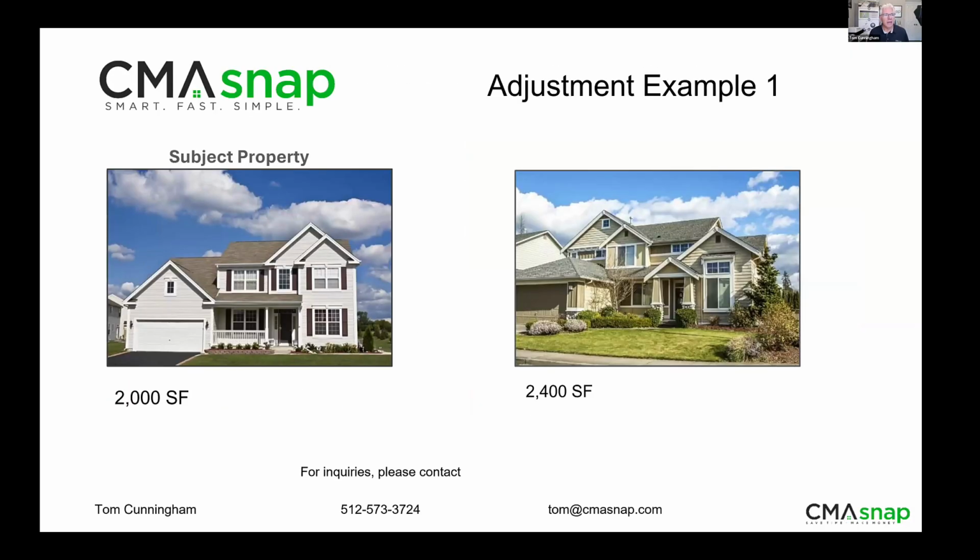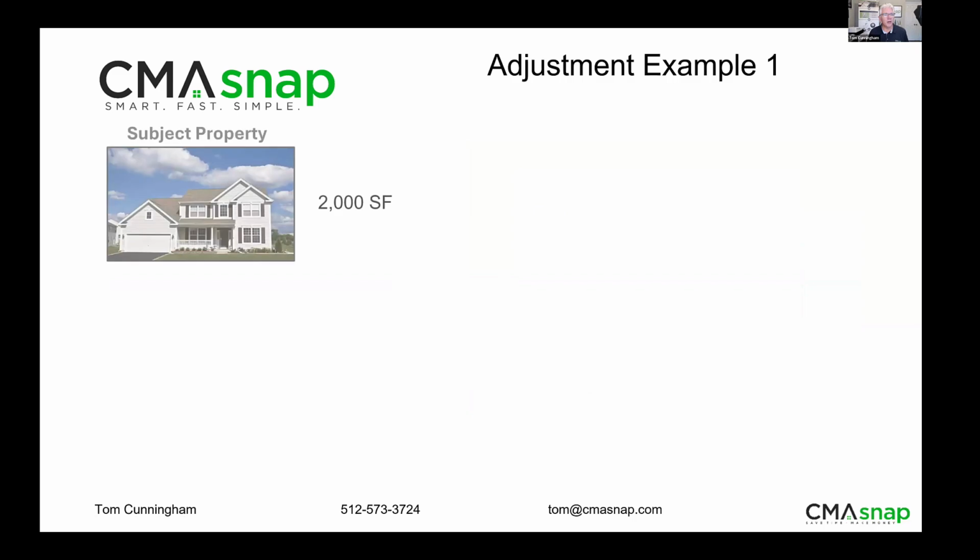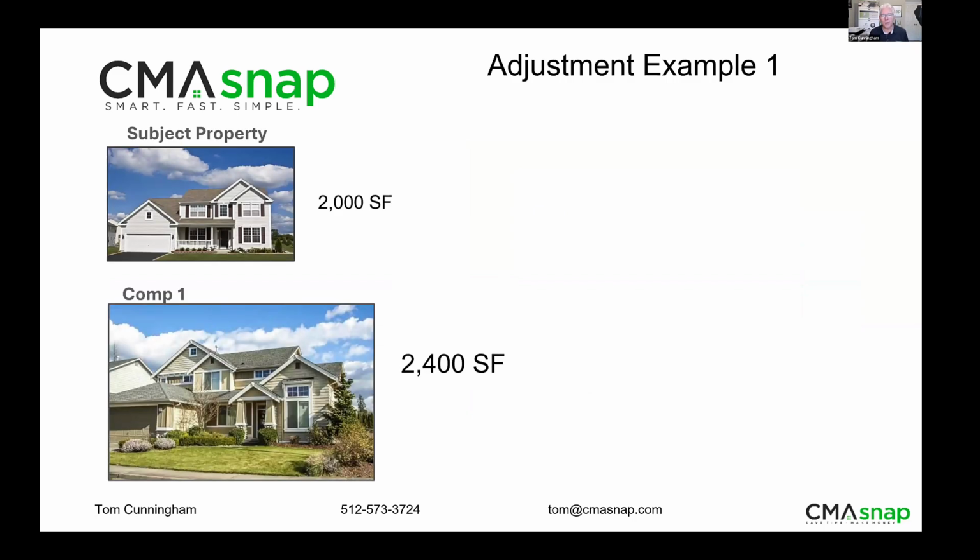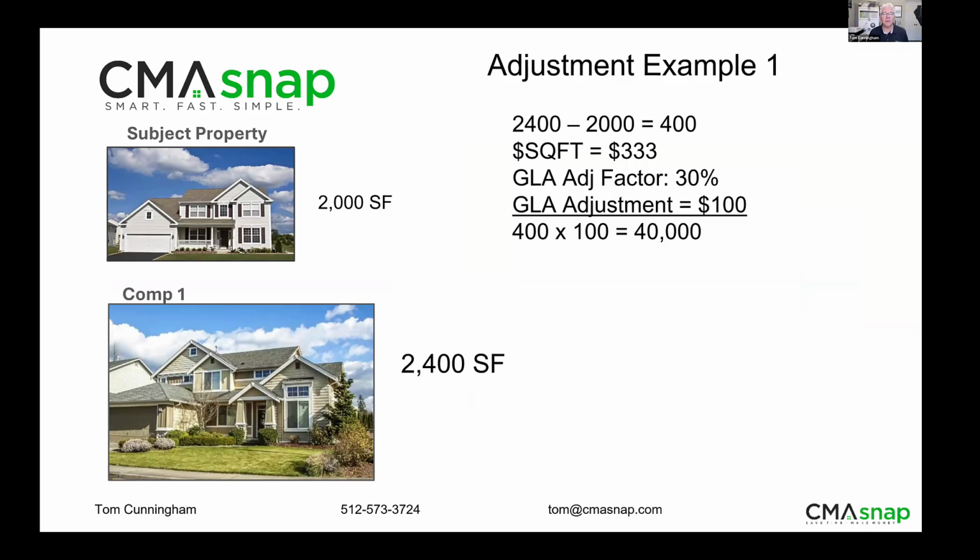So if your subject property is 2,000 square feet and your comp is 2,400 square feet, then the comp is better. That's comp number one. So we're going to do the math here. The subject property is 2,000 square feet. The comp is 2,400 square feet, so the comp is 400 square feet bigger. There's a 400 square foot difference. And let's say, for example, that the average sale price of the comp selected for pricing is $333 a foot.